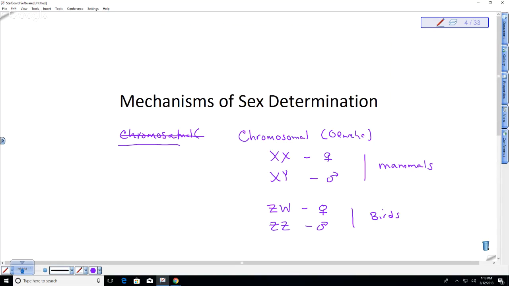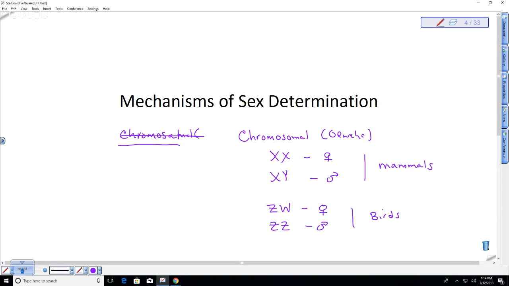So notice that in this case, sometimes they say it is the father that determines the sex of the offspring, because the sperm either have an X chromosome or a Y chromosome that fertilizes the egg. And so the male determines the sex. In this case, it would be the female, because an egg could either have a Z or a W. All the sperm have Zs, right? So it's just different, somehow it evolved differently.